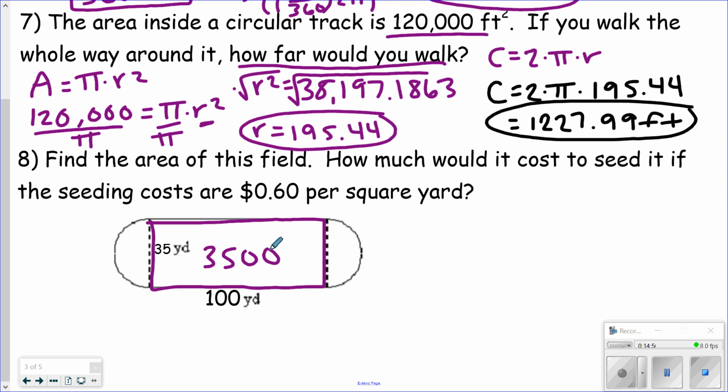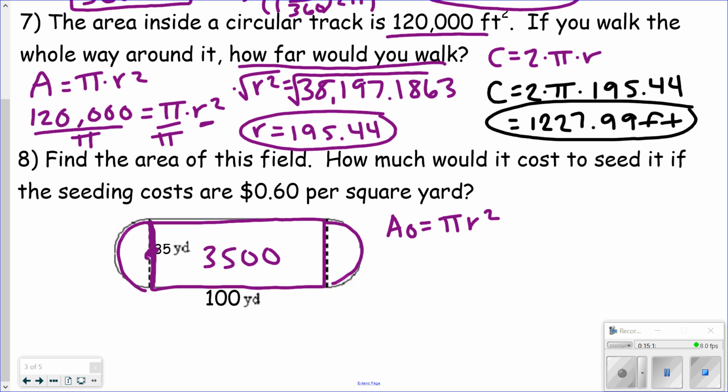Next, we notice that we have two semicircles. We have one here and one here. If you combine two semicircles together, we would get a circle. So we need to figure out what is the area of the circle. And we know area of the circle is pi r squared. Well, we don't know what the radius is, but we notice that the diameter is 35. So what's half of 35?